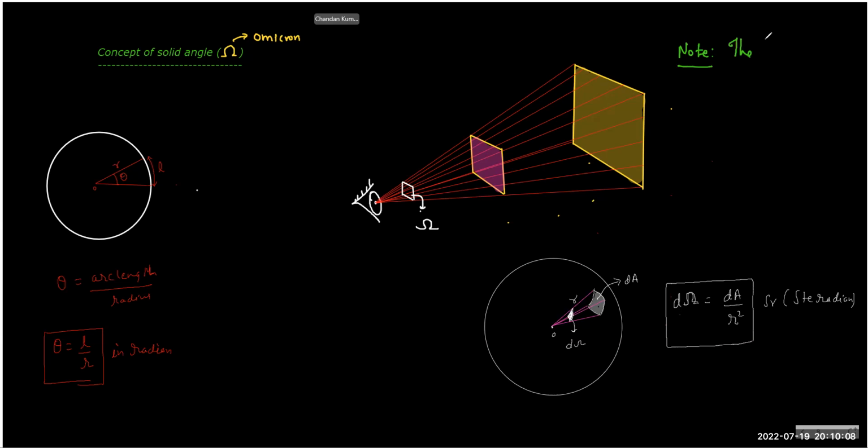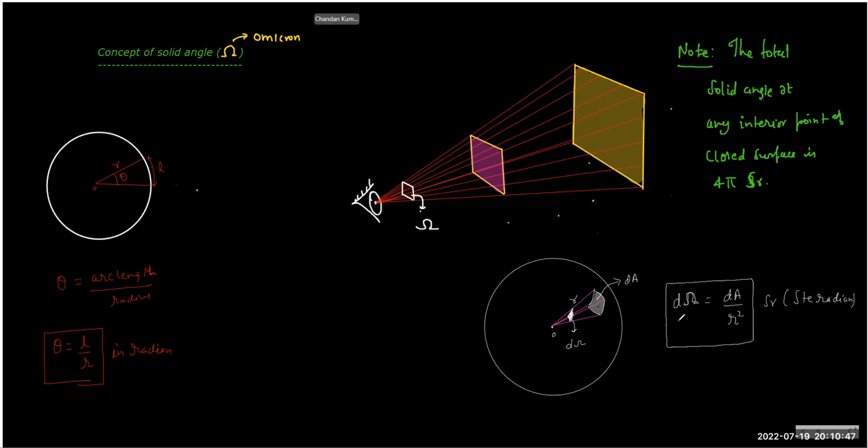The total solid angle at any interior point of a closed surface is 4 pi sphere radian.